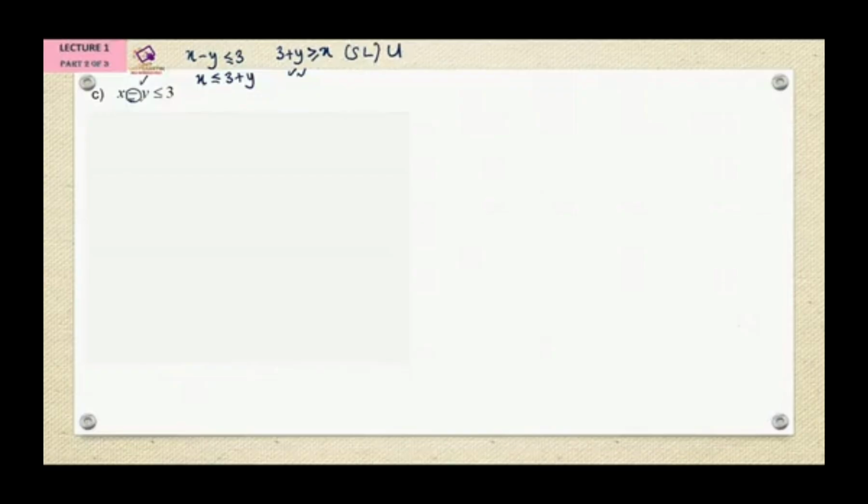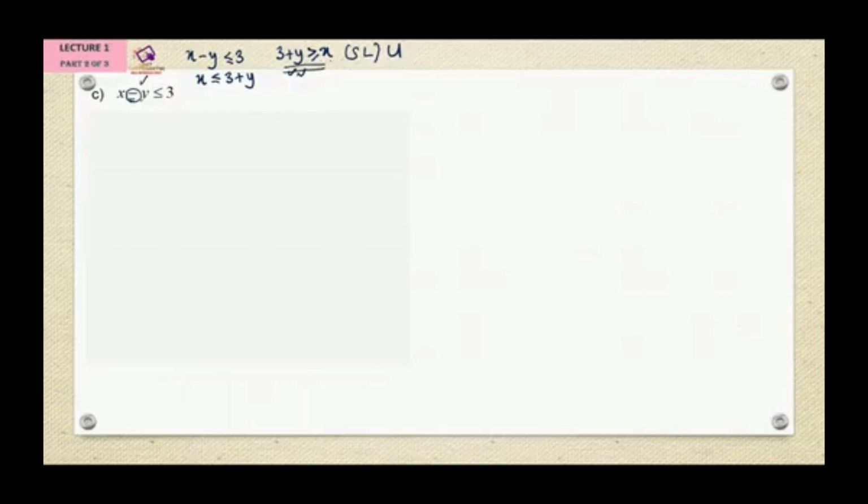Okay, student. So I repeat. First, we need to rewrite your inequality so that your y is on the left-hand side and it is positive, since here we have the inequality where your y is negative on the left-hand side. We need to rewrite, so we get 3 plus y greater than or equal to x.